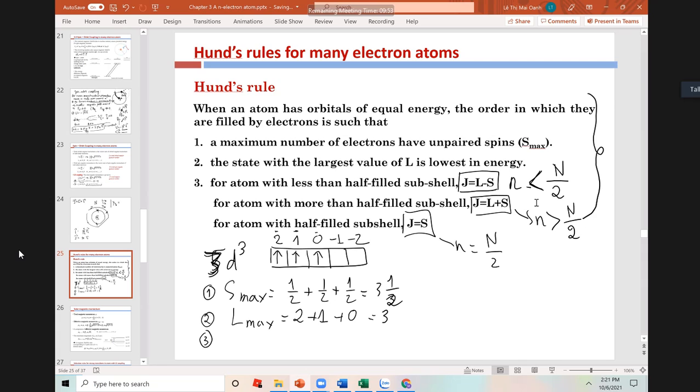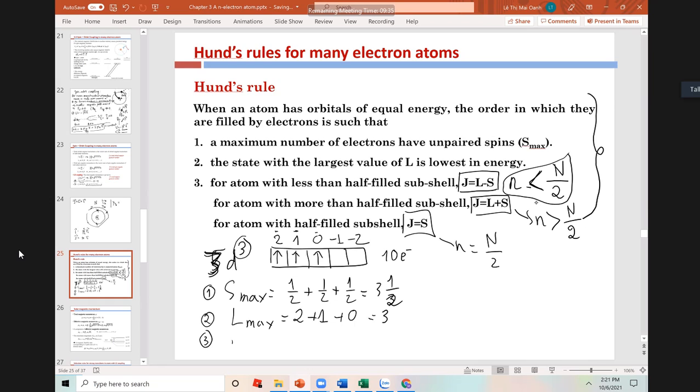It is because in this case, the maximum number of electrons equals 10, and you only have 3. So N in this case is smaller than N divided by 2.